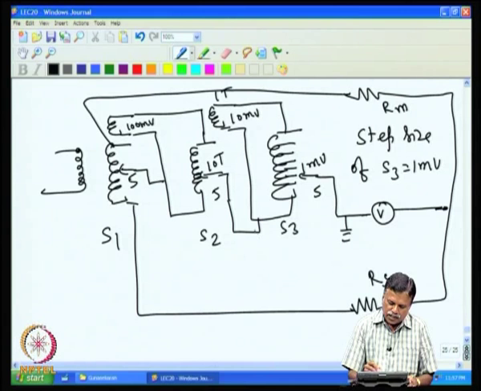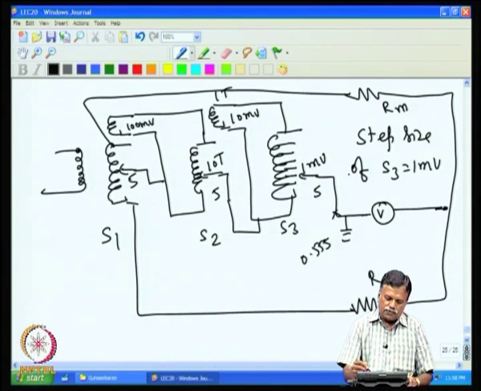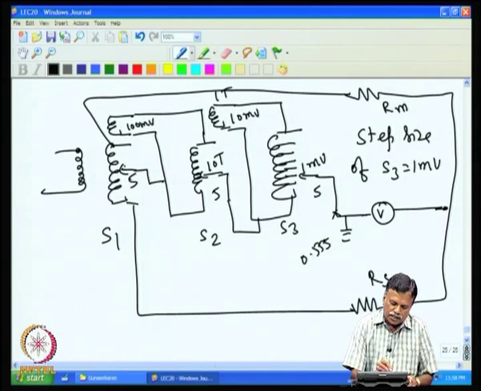The voltage at this point will be 0.555. Then the voltage at this point will be 0.5, because if I take this as 0, this is the midpoint 0.5, and this is 1 volt.